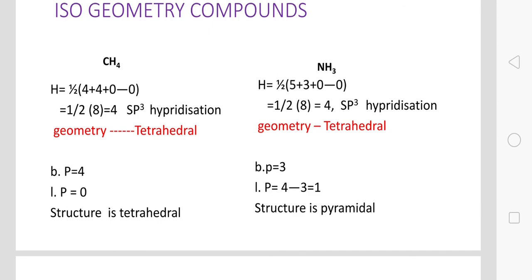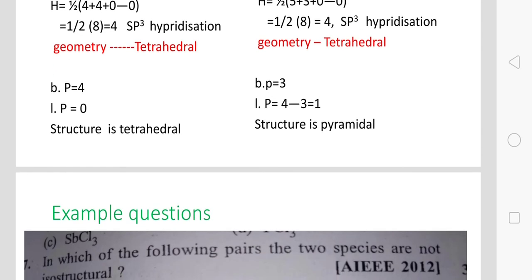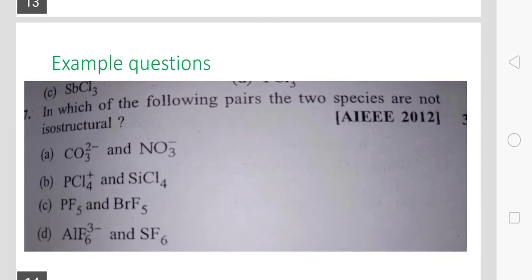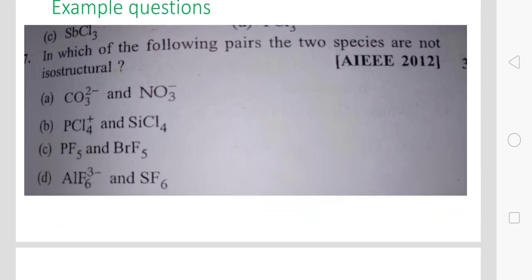But based on bonding pair and lone pair, methane has a tetrahedral structure and ammonia has a pyramidal structure. So methane and ammonia are isogeometry compounds. Clear, students? Good. I have given some examples.